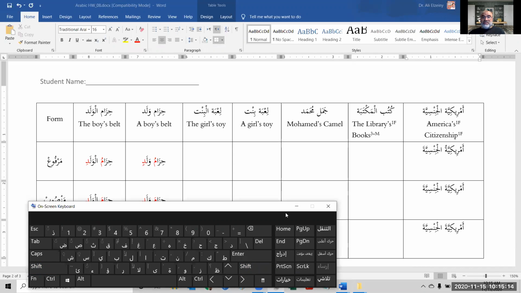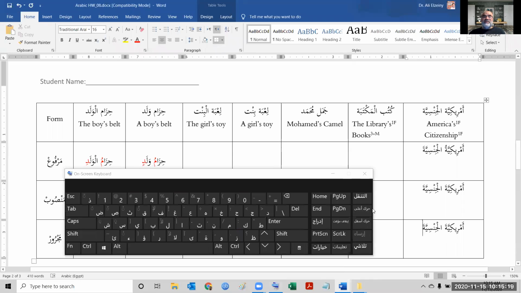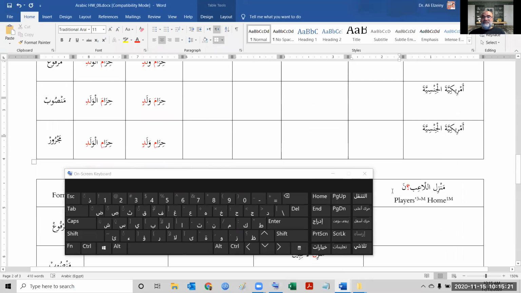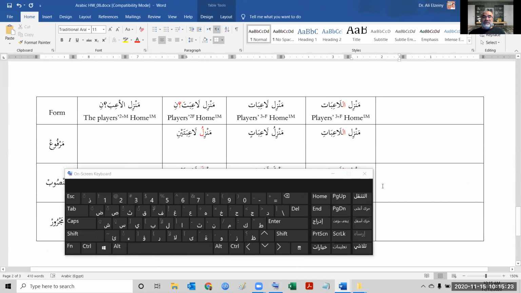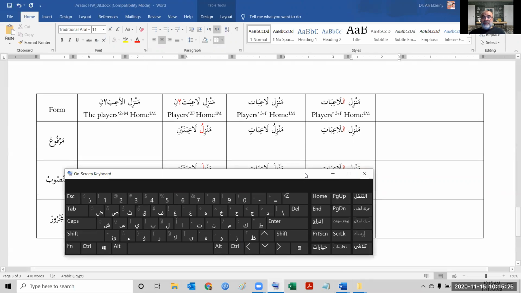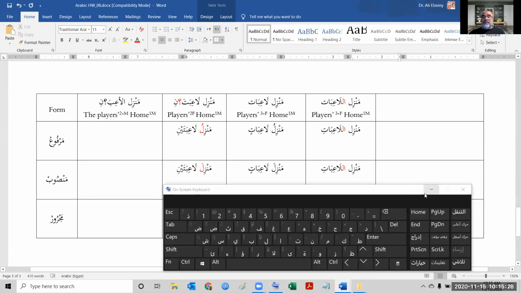You guys have any questions before we take another example? Okay, good, no questions. So let's pick an example together: المدرسة الإسلامية, Islamic school.